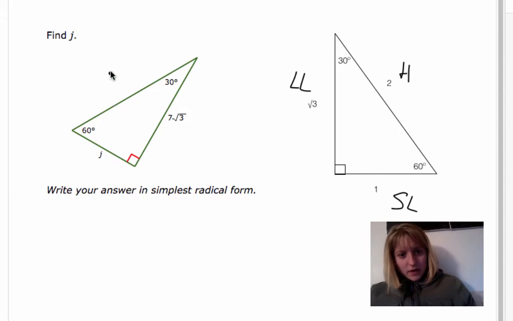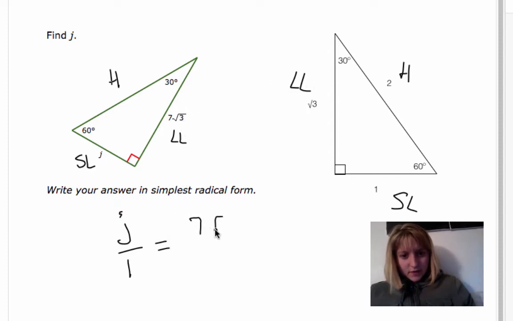For this one, hypotenuse is over here, long leg is here, and short leg is here. So since we're solving for j, let's go short leg to short leg. J over 1 is equal to long leg over long leg. 7 square root 3 over the square root of 3.